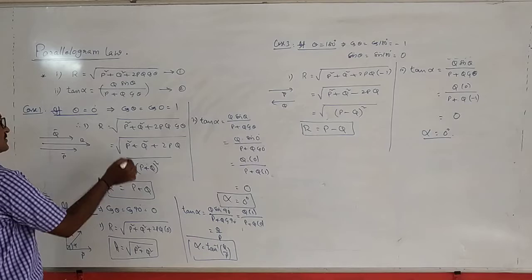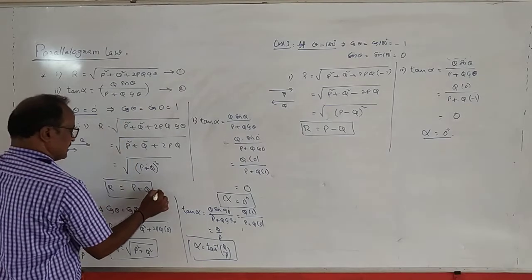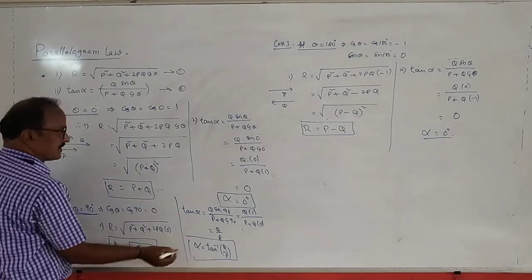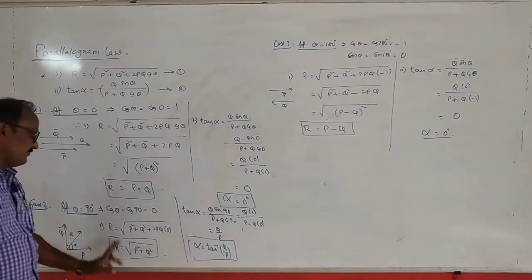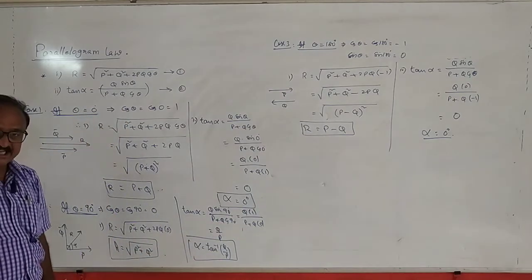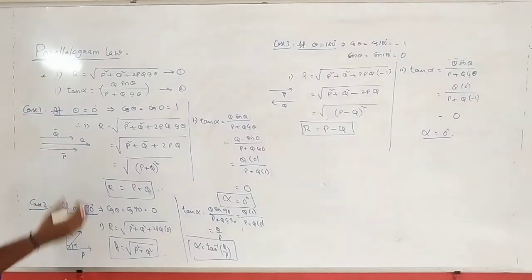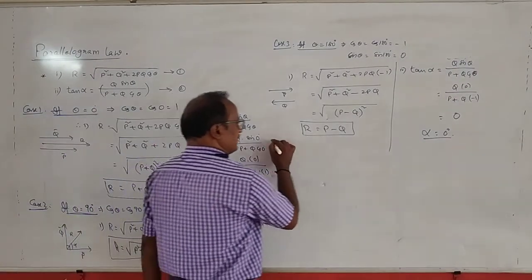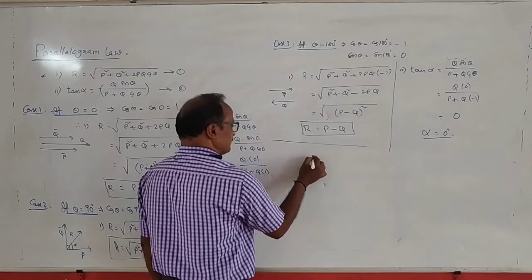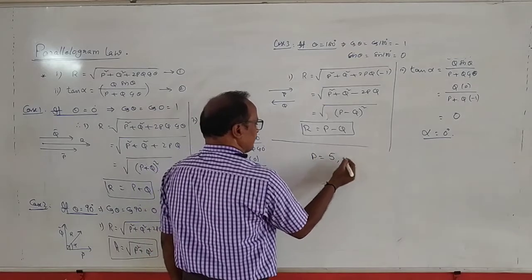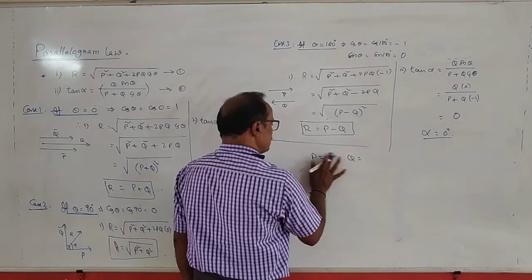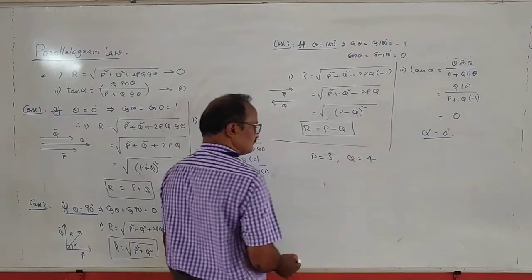Among these three formulas, in which case will the resultant be maximum? For example, see here, p is equal to 3 and q is equal to 4.